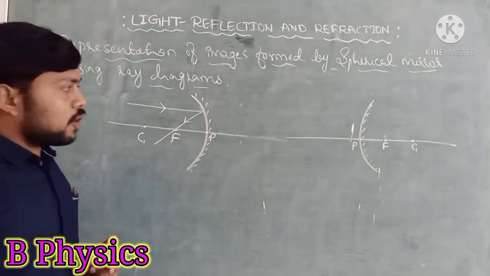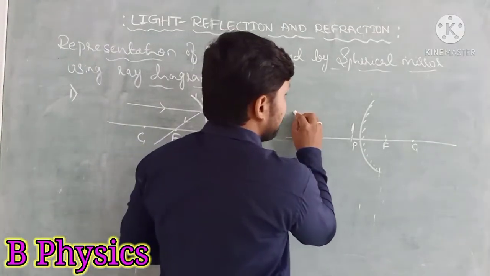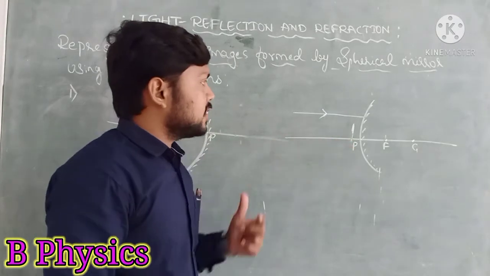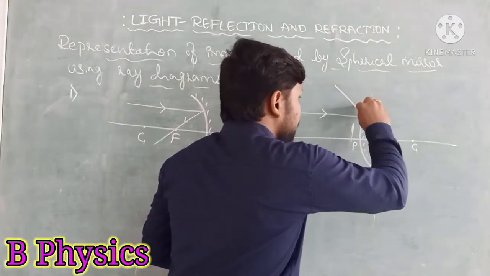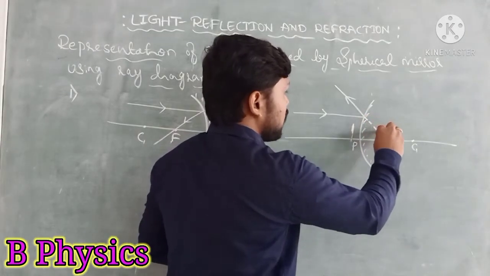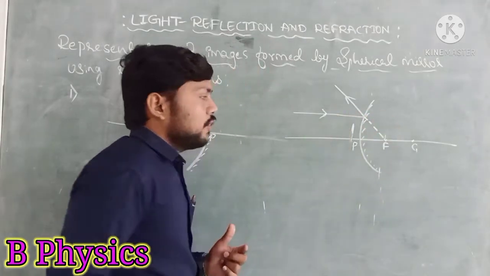But in case of convex mirror, a ray of light which is parallel to principal axis, after reflection appears to diverge from a principal focus.